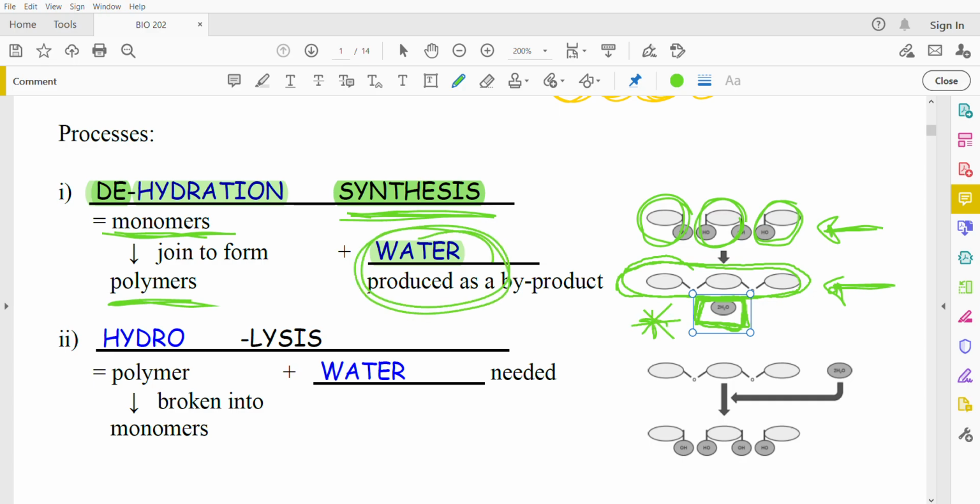The number of water molecules that we might be left with would always vary depending on the size of the polymer that we're forming. How many monomers are we joining together? The term dehydration synthesis really tells us what's happening in this process.